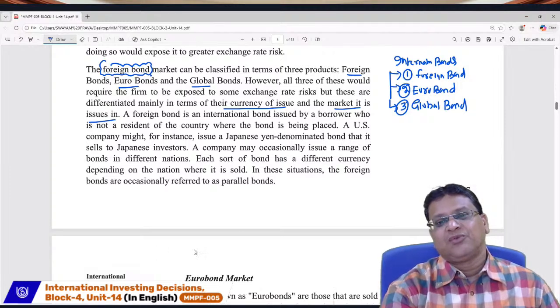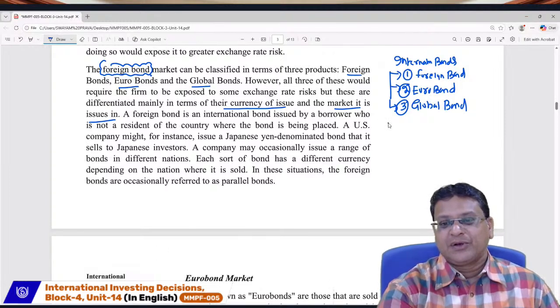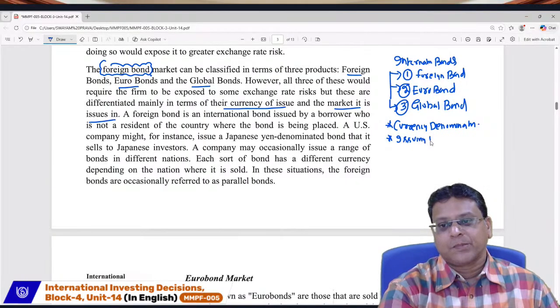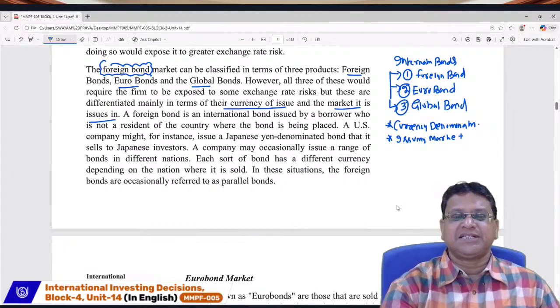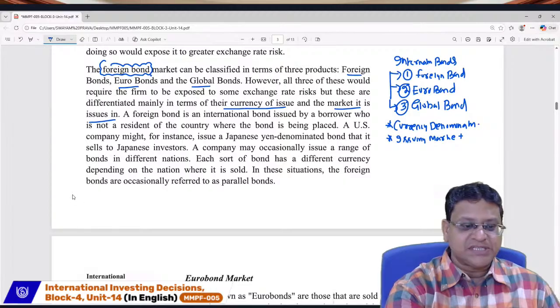Two factors. One is currency denomination and issuing market. Let's take an example. Suppose the issue market is USA.